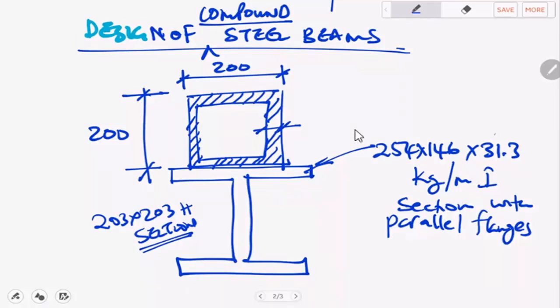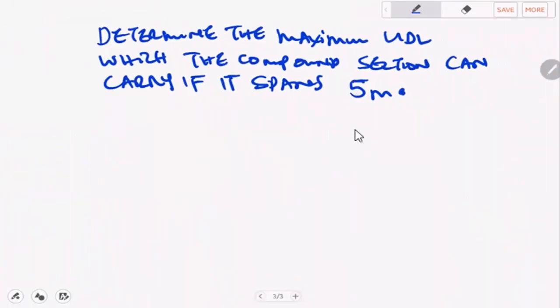Right, so you can see that it's phrased differently, but the whole point is you're supposed to calculate the maximum load which can be applied to that beam. So this is how you are going to handle such a case.